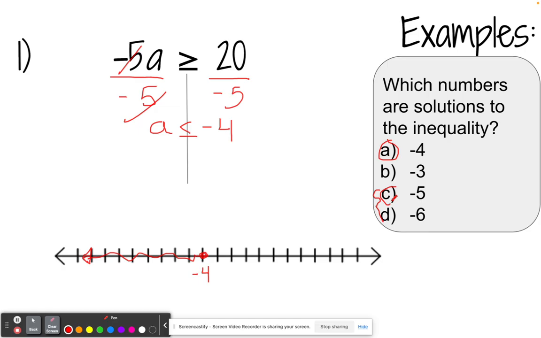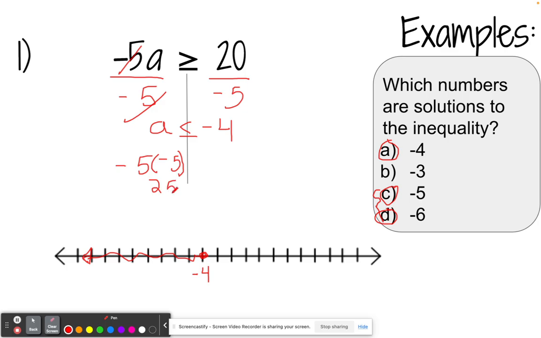But let's check them just to make sure they work. We know negative 4, if I put it in here, negative 5 times negative 4 will give me a positive 20, which is equal to positive 20. So that one works. But negative 5 times negative 5 is a positive 25.